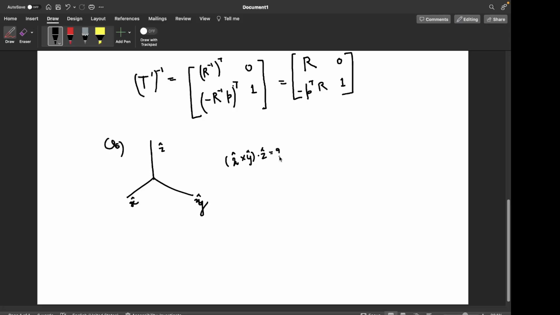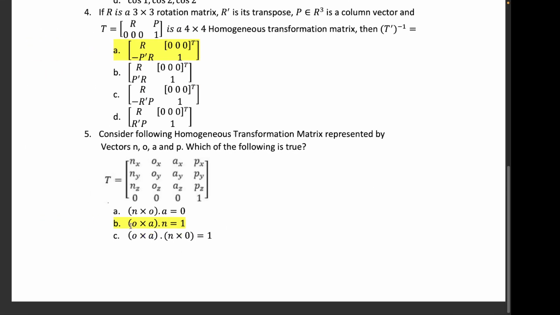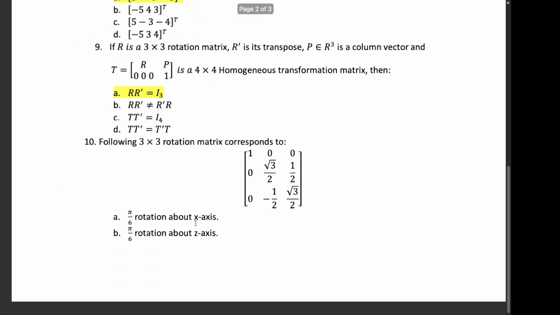So x cross y is z, and z dot z will be 1. This will hold for any rotation matrix because all rotation matrices are orthogonal. So this condition is true, and hence this is the answer for this question.